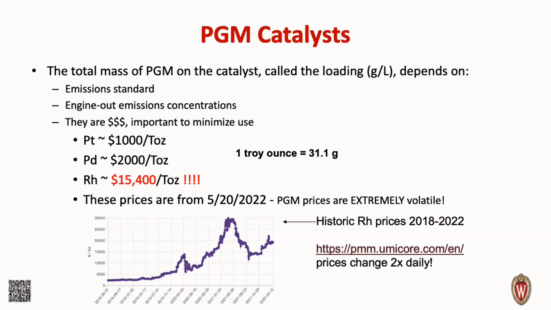You can go to this Umicore site. Umicore is one of the automotive catalyst suppliers, and you can take a look at what prices change twice daily, and you can see these kinds of historic plots, and it's really amazing how these things change.